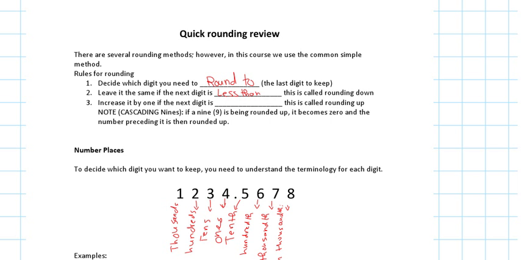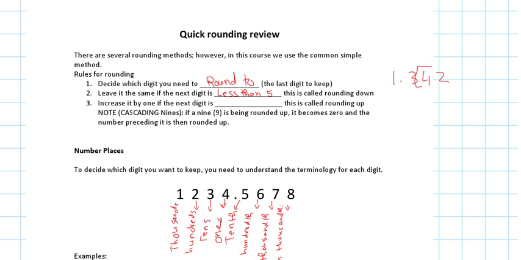If it's less than 5, you leave it the same. This is called rounding down. For example, if I have 1.342 and I want to round to the second decimal place, because the 2 is less than 5, I leave my answer as 1.34.